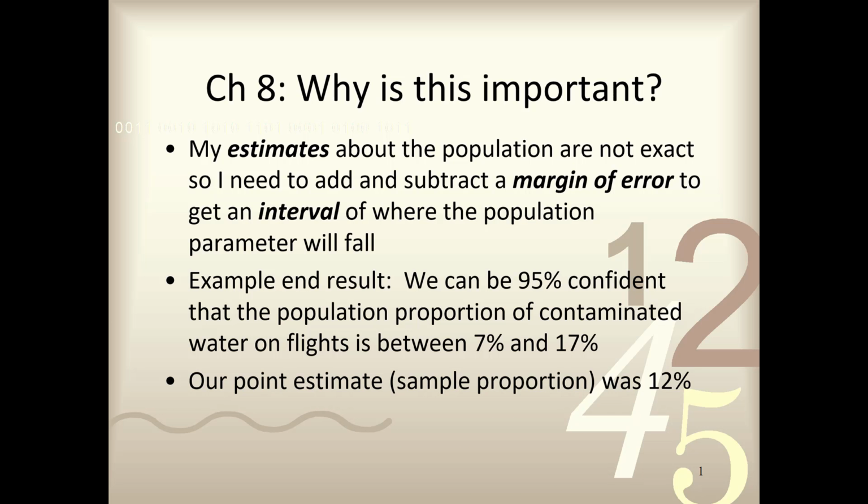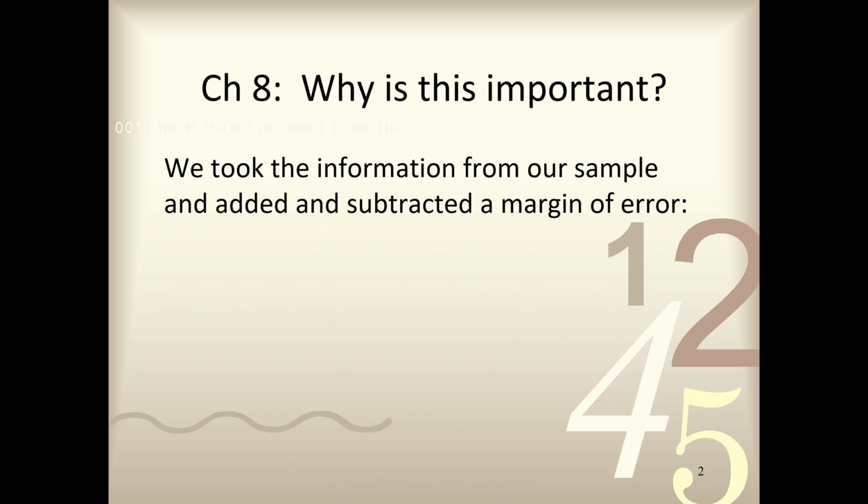So our point estimate is just that sample proportion. That was 12%. So you can see the margin of error was 5%. I added that to get the 17 and subtracted that from the 12 to get the 7. So we took the information from our sample, added and subtracted the margin of error.